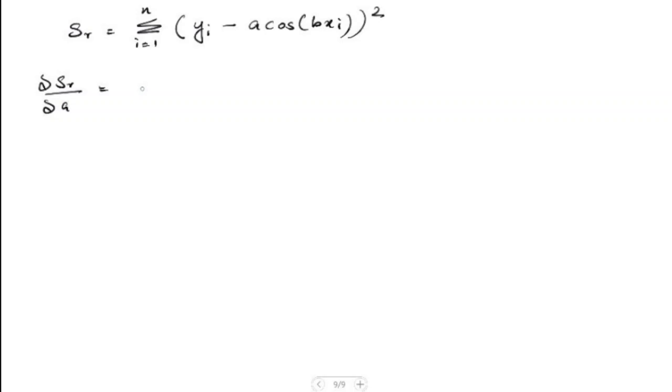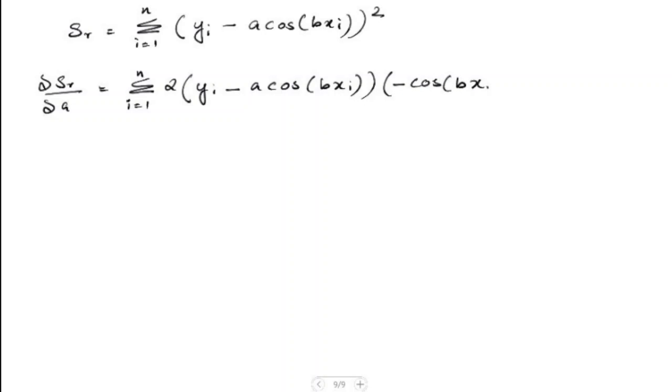So we'll have the summation from i = 1 to n of 2 times (yi minus a cos(bxi)), multiplied by the derivative with respect to a, which is minus cos(bxi).